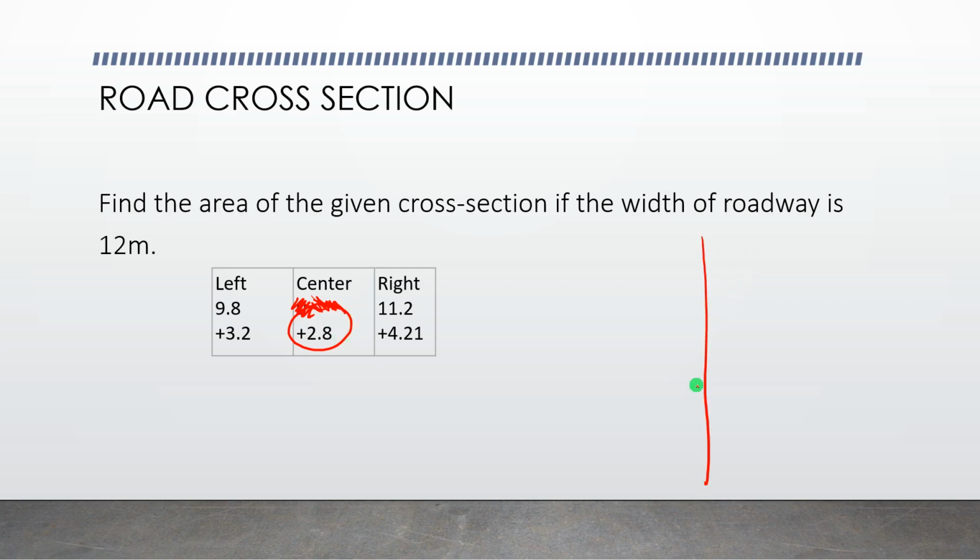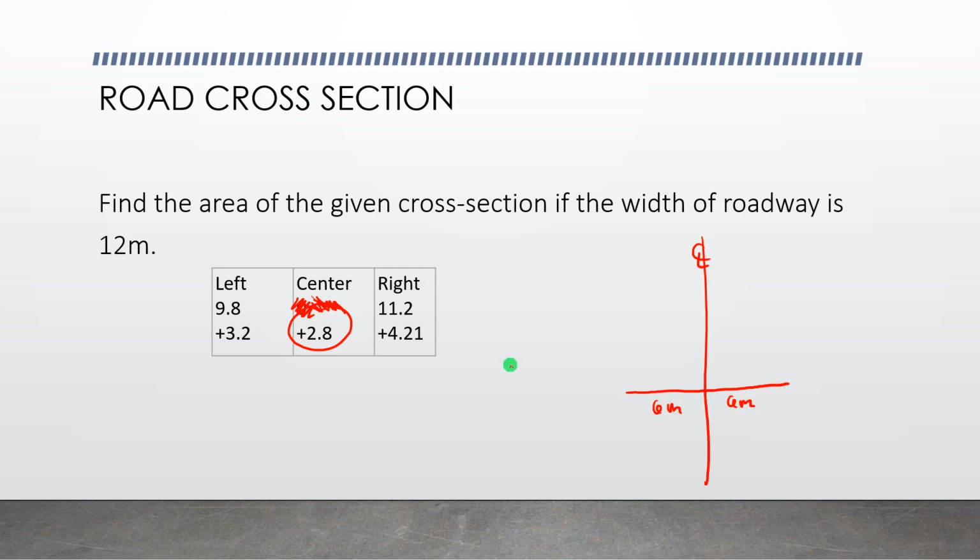Again, we have a center line, and it is given there that we have a road width of 12 meters. So of course we use a two-lane roadway, which means that the 12-meter width should be divided equally at each lane, which is 6 meters each.